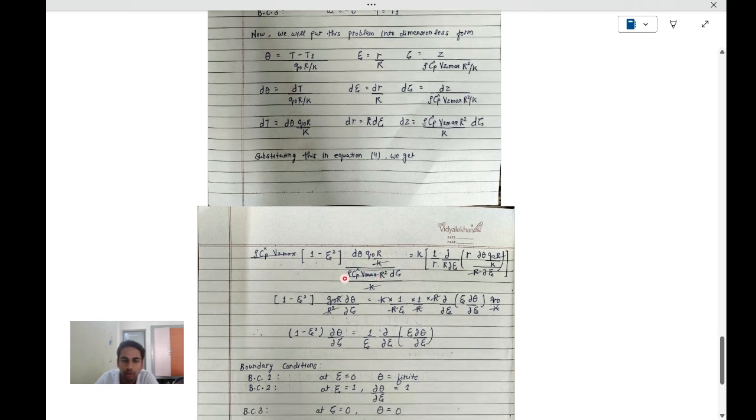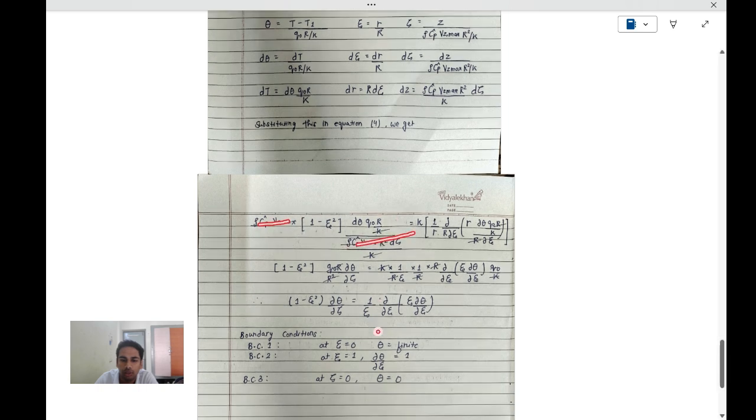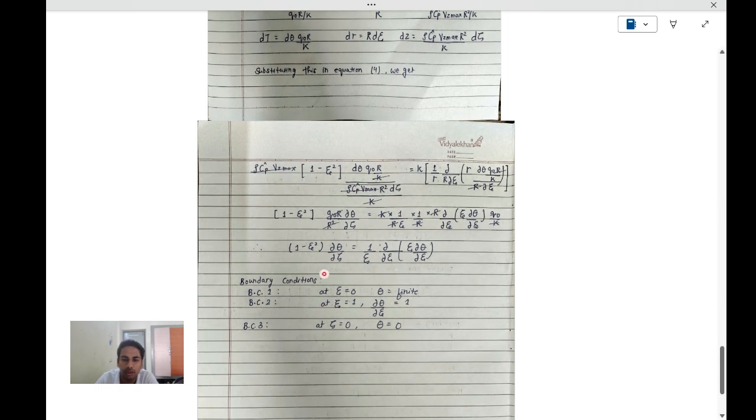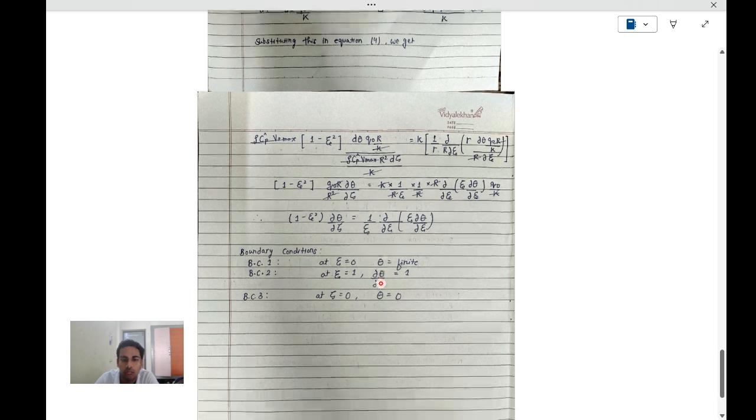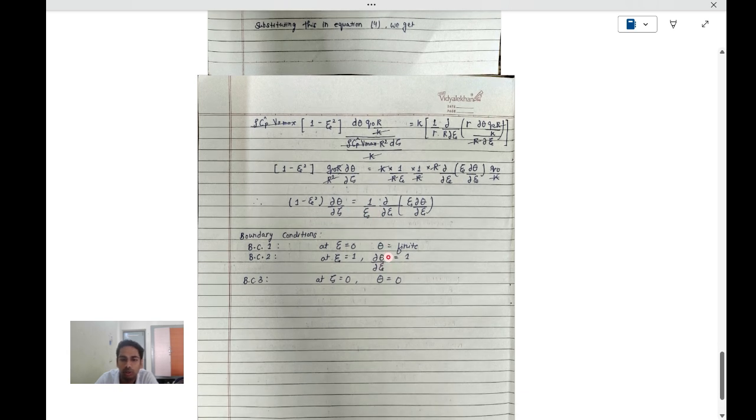Substituting this, performing the calculation and cancelling the terms, this equation reduces to 1 minus xi square del theta upon del zeta equal to 1 by xi del upon del xi into xi into del theta upon del xi. So this gives us the dimensionless equation.